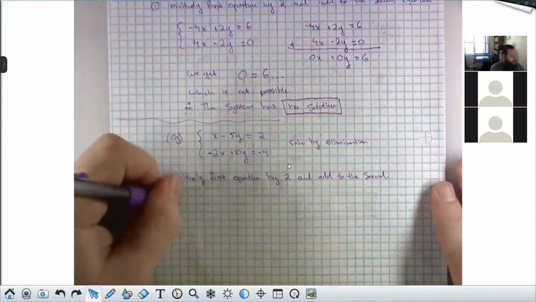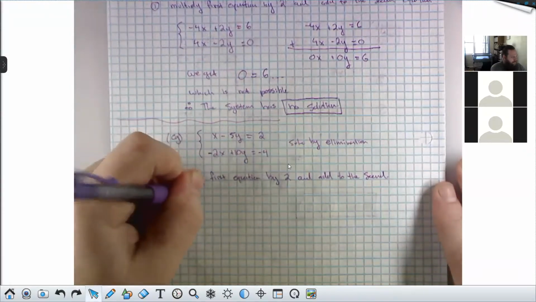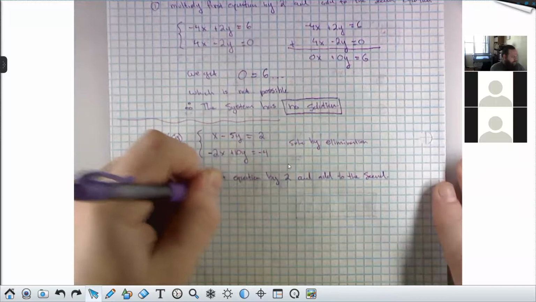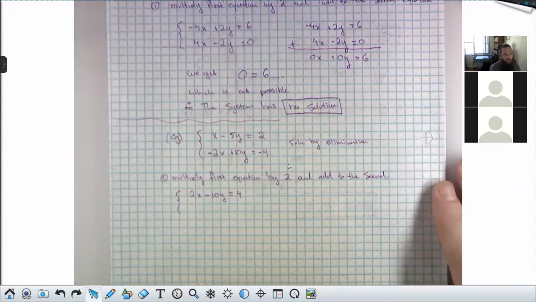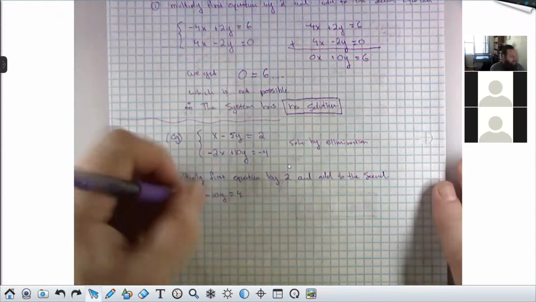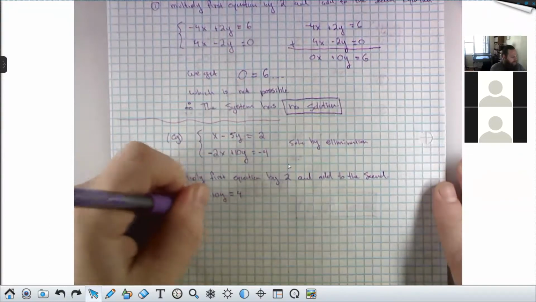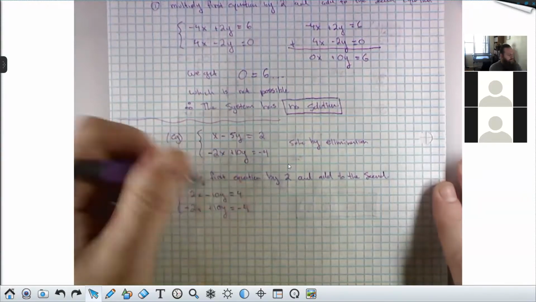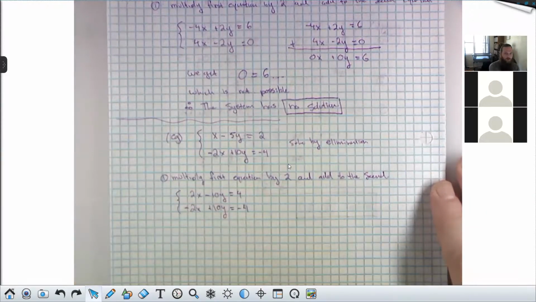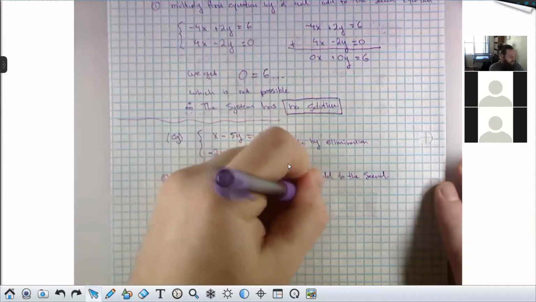That will give me 2x minus 10y equals 4 for the first equation when I multiply it by 2. And the second equation stays the same, negative 2x plus 10y equals negative 4. And you can see what's going to happen here if I add these together.